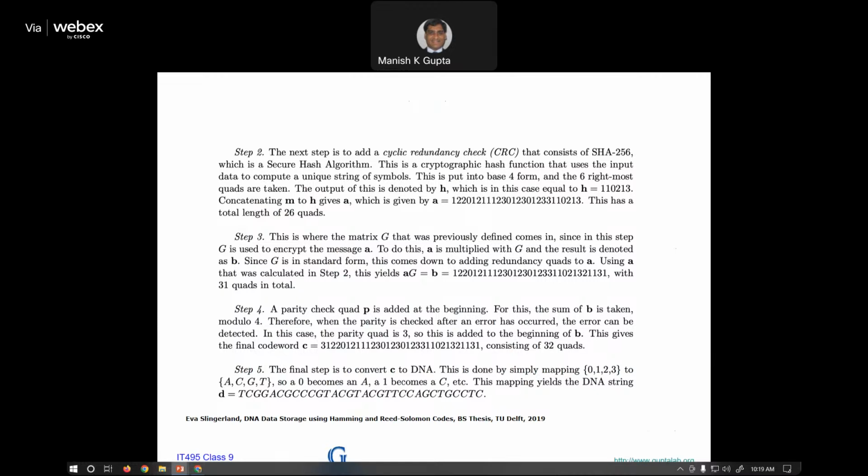Or if you are a very good programmer, you can write a program, any Python script. By the way, I think a Python script is probably available for this. You just take the message and get this thing, right? So this is the final ACGT string that is the output.